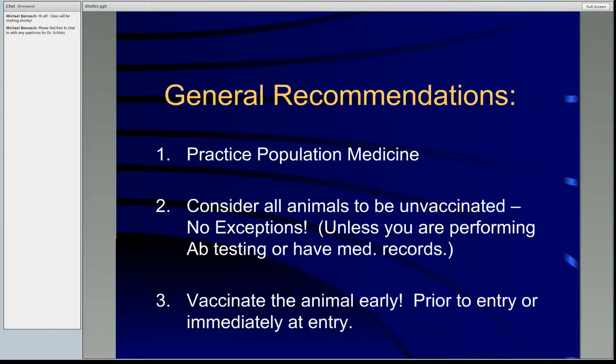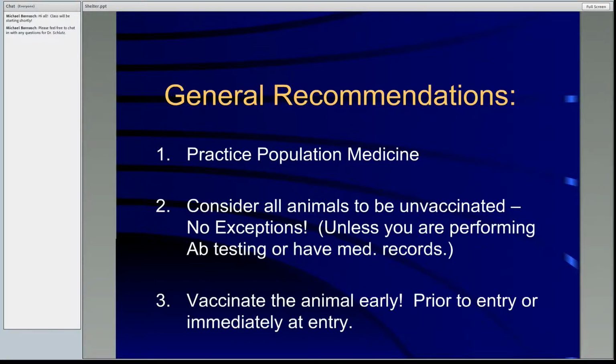Well, one of the things that vaccines do is they induce a nonspecific immunity right within minutes after you give that vaccine. And that's where there is really some advantage to vaccinating early and not waiting a couple of days for the animal to be in the shelter and to be exposed and not have the benefit of that so-called nonspecific or innate immunity.